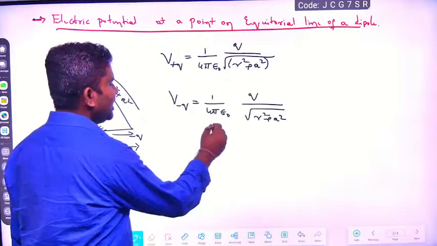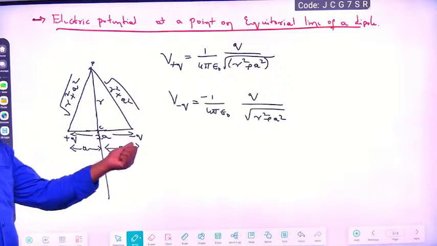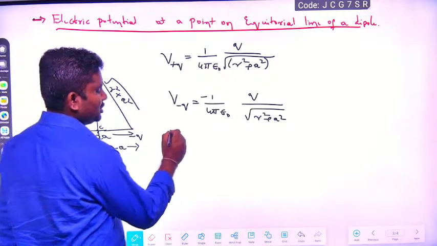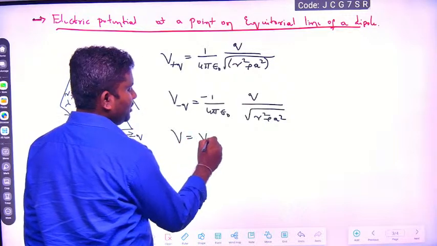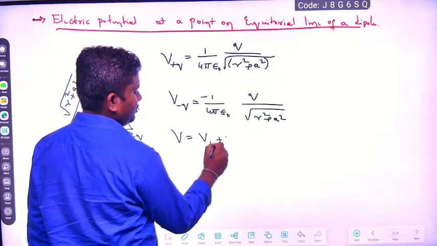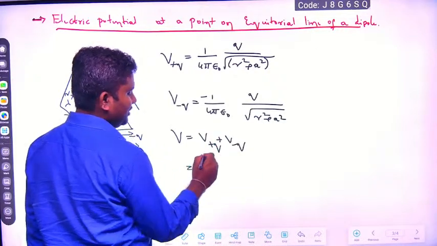Now, what is the total potential? V is equal to V plus Q plus V minus Q. Just add both, what will you get? 0.